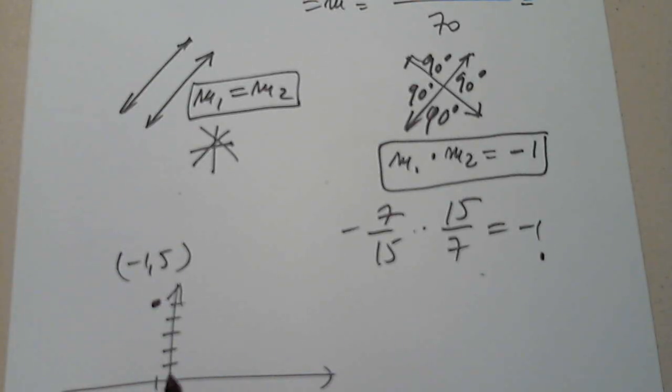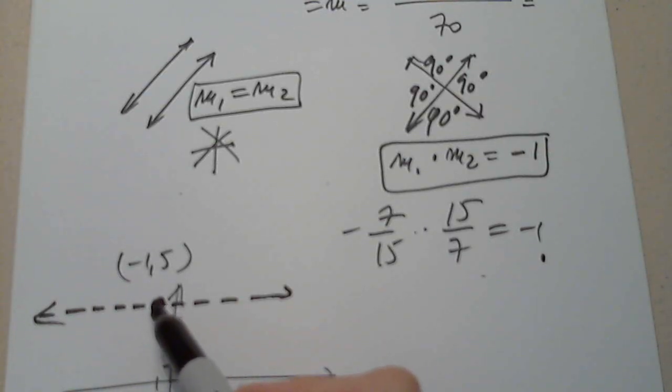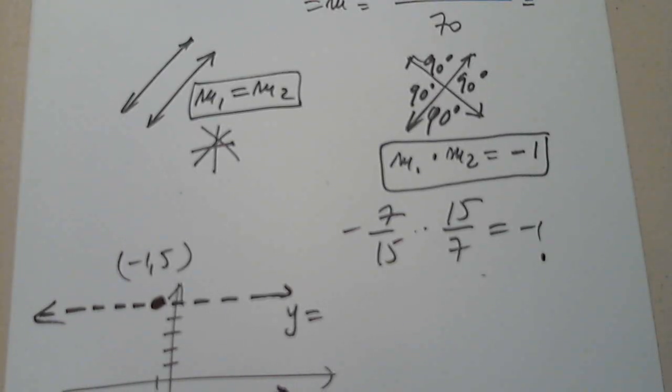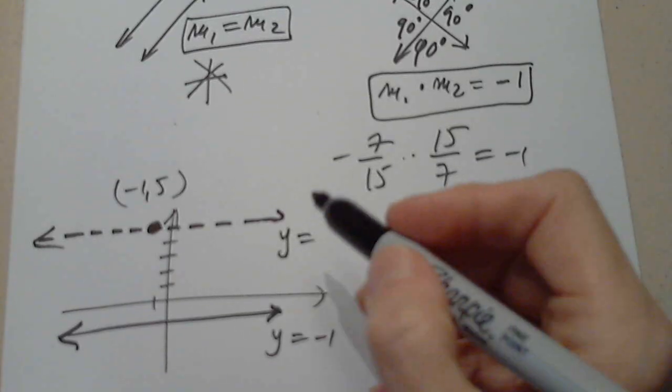Almost messed up with this one. So we want to determine a line that is parallel to y equals -1 and passes through this point. So it has to be y equals something. But it passes through this point, so what is it? y equals 5.